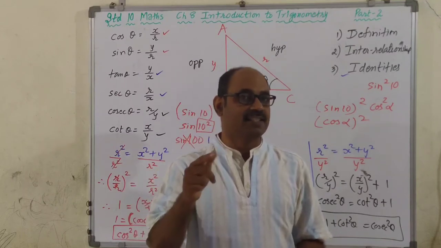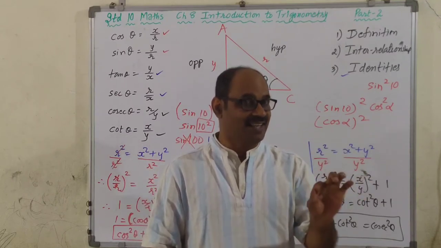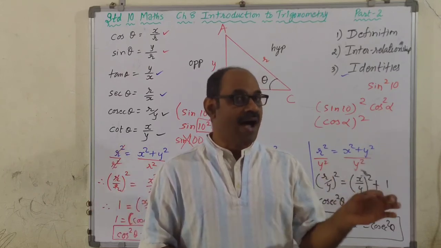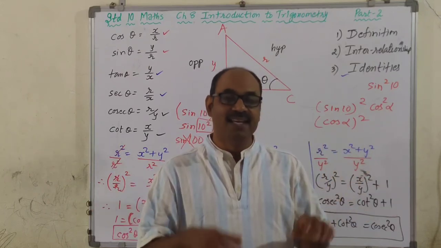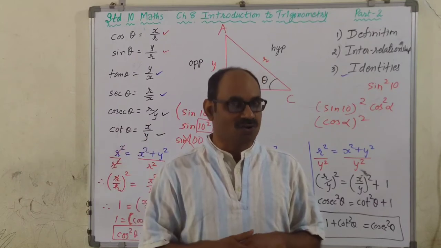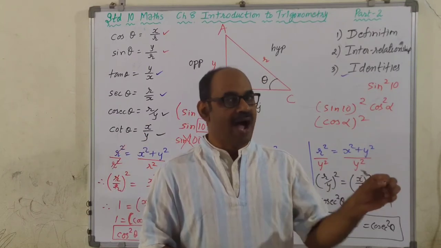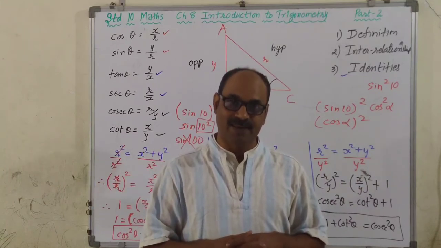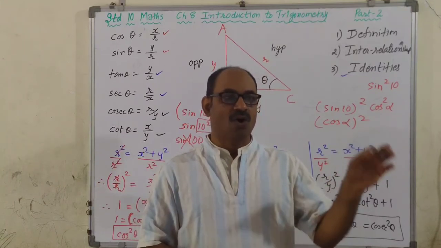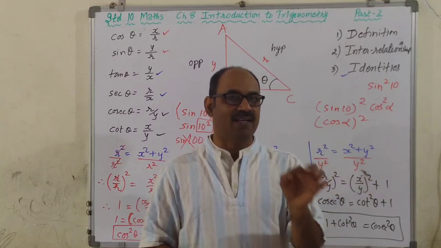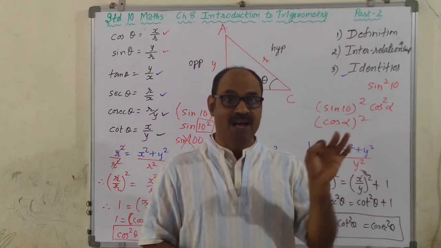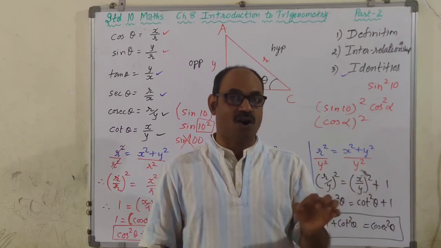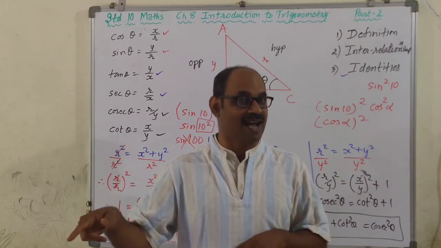Let me say angle C. So cos square C plus sin square C is equal to 1. 1 plus tan square C is equal to sec square C. 1 plus cot square C is equal to cosec square C. If I take alpha, cos square alpha plus sin square alpha is equal to 1. 1 plus tan square alpha is equal to sec square alpha. 1 plus cot square alpha is equal to cosec square alpha.